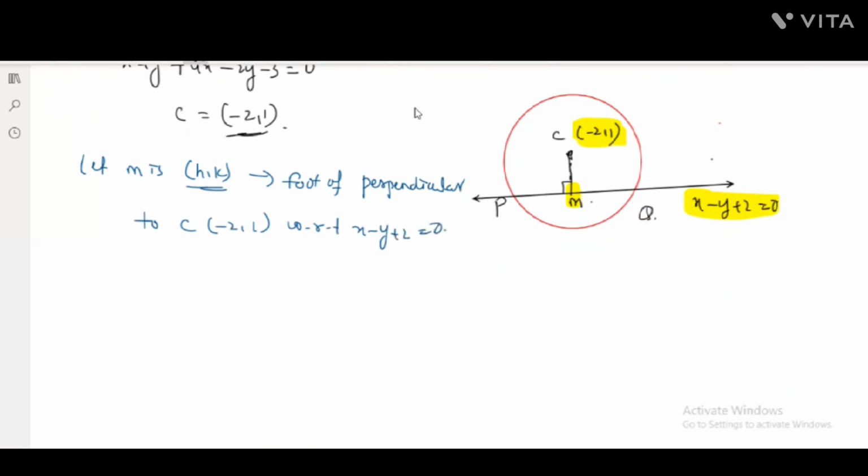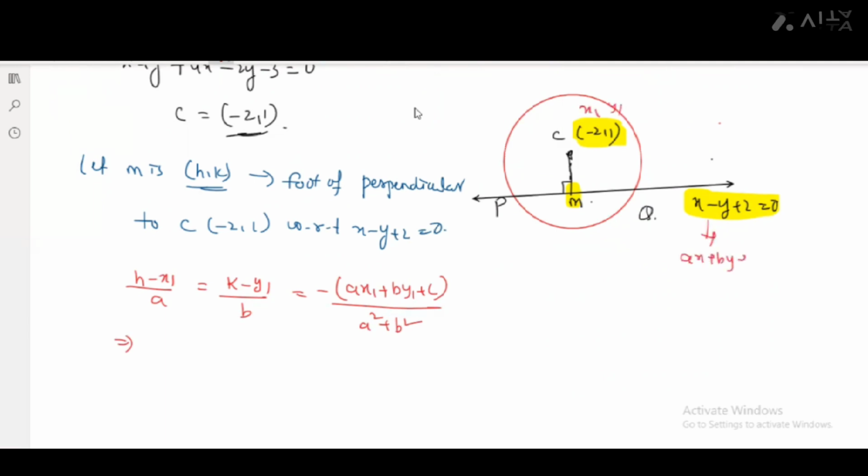So what is the formula to find the foot of the perpendicular? It is (h minus x1) by a is equal to (k minus y1) by b is equal to minus of (a x1 plus b y1 plus c) by (a square plus b square). This we will learn in the straight lines chapter. So let us substitute here x1 comma y1.